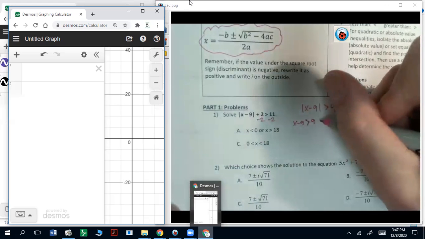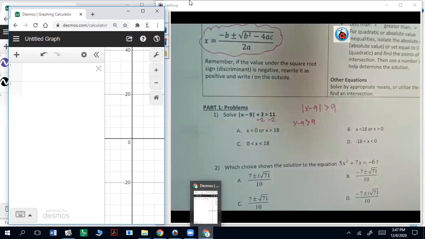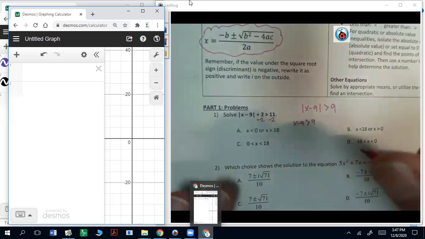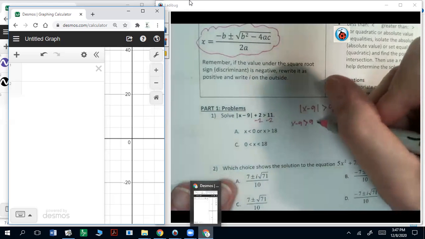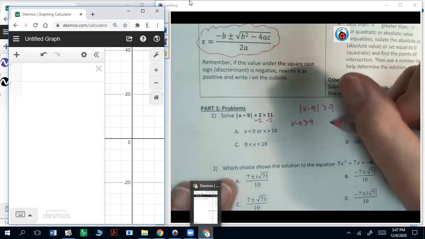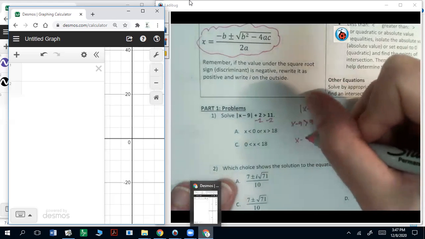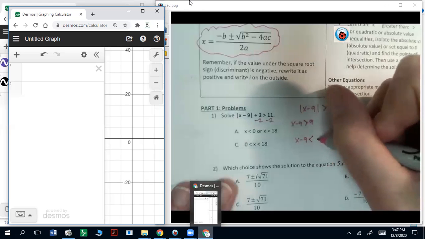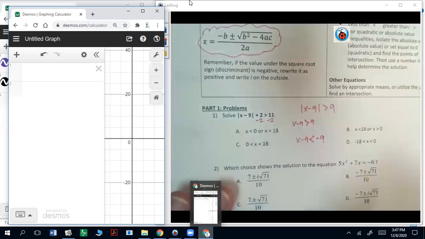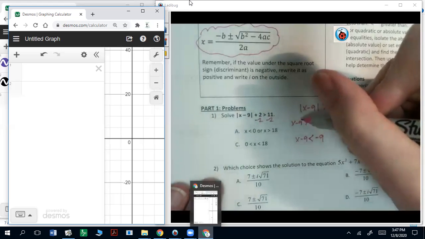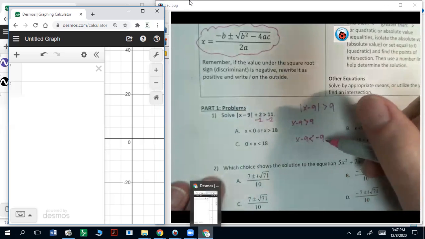And then I flip it, so I would do x minus 9 is less than negative 9. So we write two inequalities, one with the regular and one with flipping it and changing the sign.